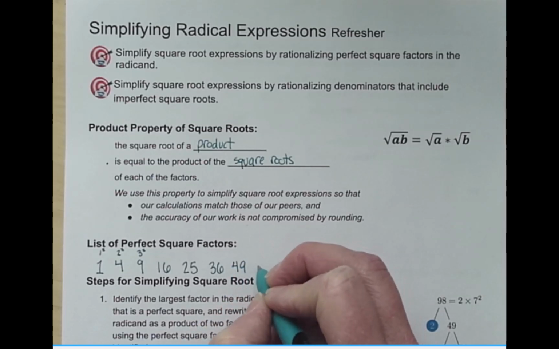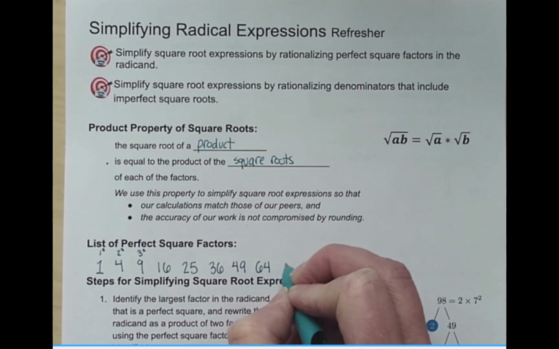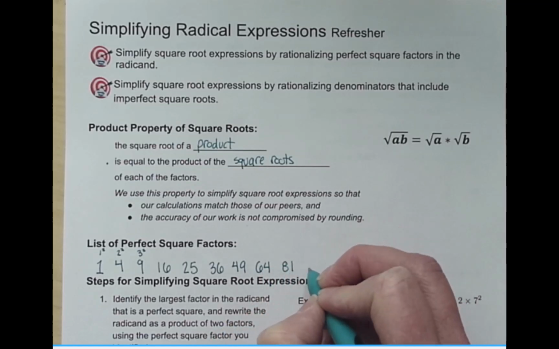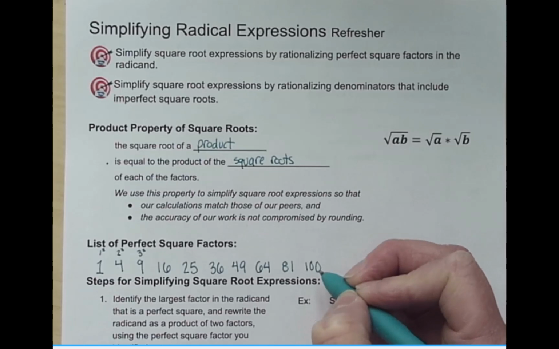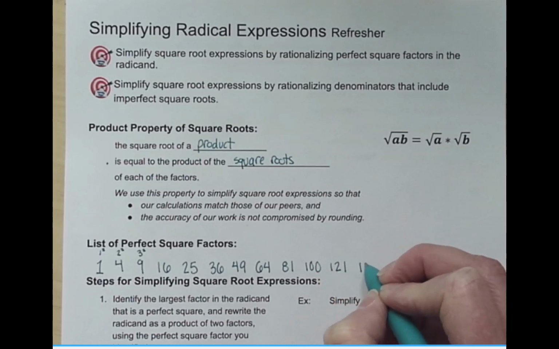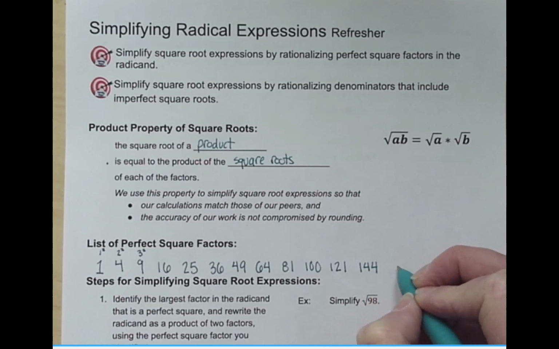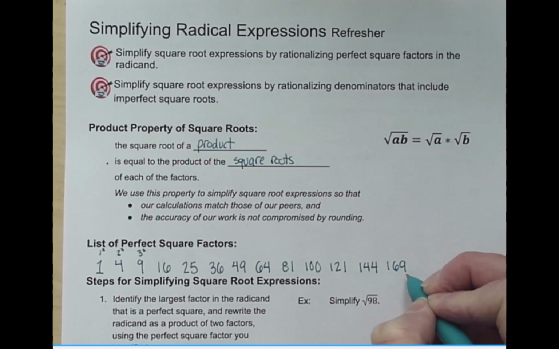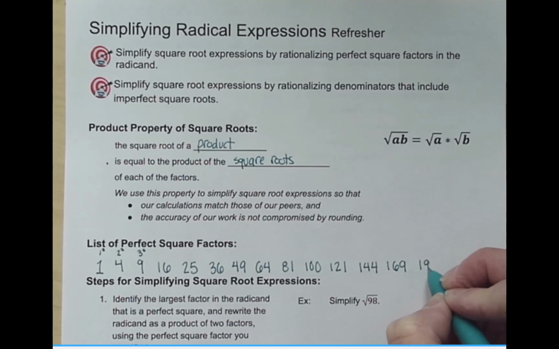I'm going to keep going. I'll have 64, 81, 100. I'm going to keep going 5 more. 11 squared is 121, then 144, then 169. 14 squared is 196, and 15 squared is 225.